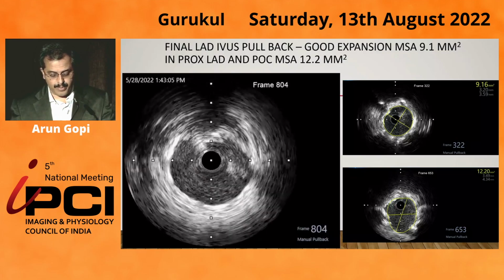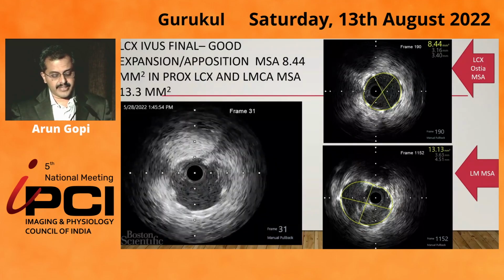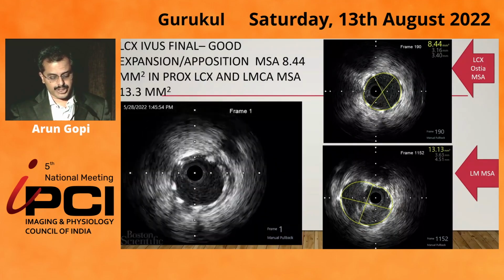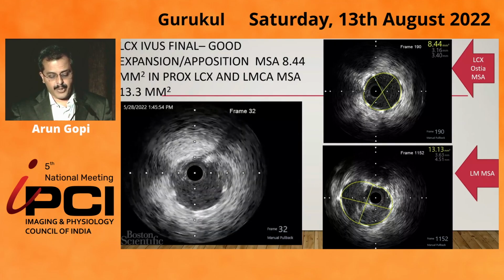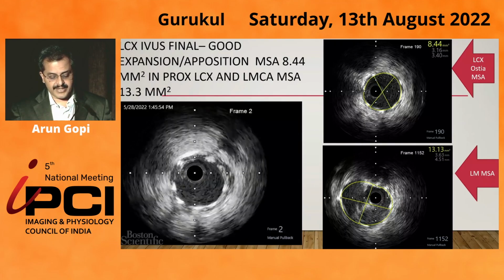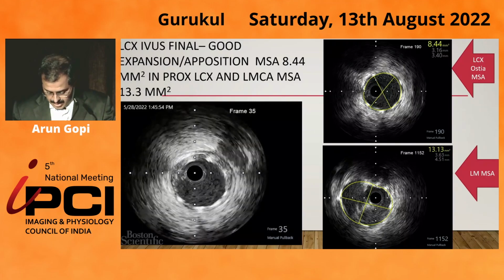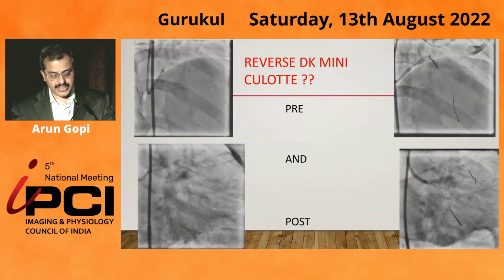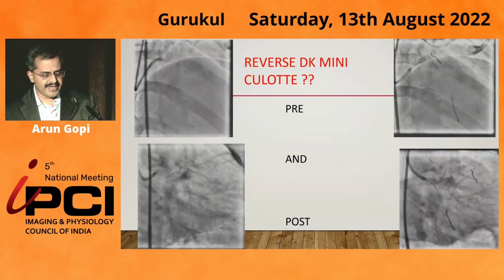This is the LAD IVUS pullback. And this is the LCx IVUS pullback, again showing good expansion and adequate apposition with good stent areas, about 8.4 in the proximal circumflex and the LMCA minimal stent area of 13. So this is where we started off, with a tight ostial circumflex lesion with an aneurysm in the LAD segment.